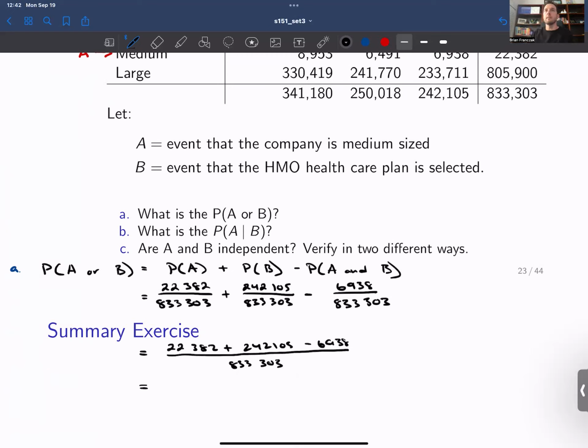All right, so that's going to give us 22,382 plus 242,105 minus 6,938. Okay, so that's 257,549 divided by 833,303.